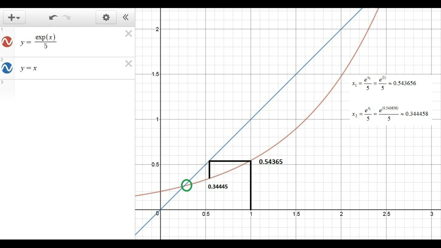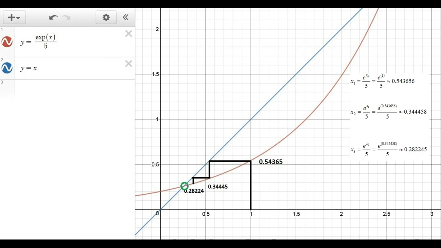And that value, remember, in our calculations was 0.34458 to 6 decimal places. And then we've taken this value to be our new x value in order to work out x3. We had a value of 0.282245 to 6 decimal places minimum. And we continue this process until we reach our desired degree of accuracy of 2 decimal places.